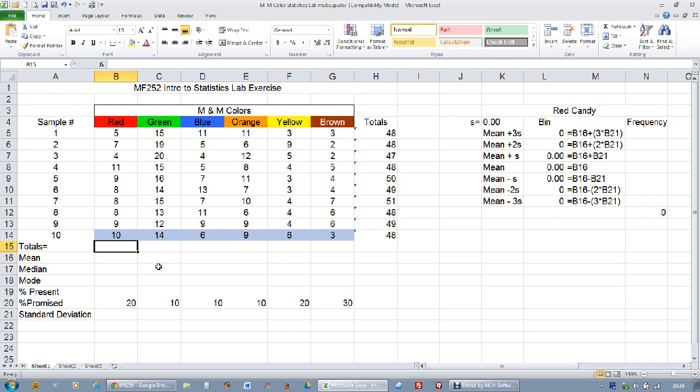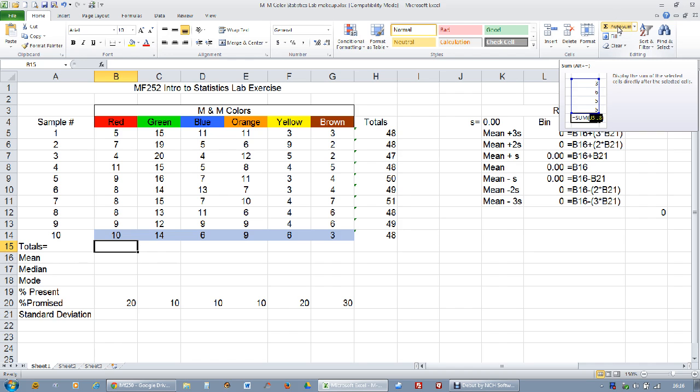Now once you get that done, you can go ahead and sum up the rows all the way down, all the 10 rows, and also you can do the same thing for all the columns. So here's the auto sum feature. I have Microsoft Excel 2010. The school has 2013.